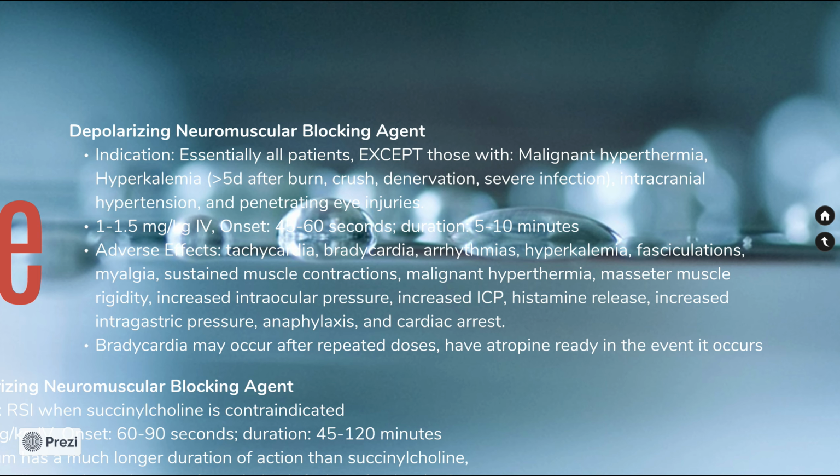depolarizing neuromuscular blocking agent. It is indicated for essentially all patients except for those with malignant hyperthermia or a history of malignant hyperthermia and or hyperkalemia, meaning those with massive cellular injuries or massive bodily injuries. So burns, more than 5 days after burns, crushing injuries, denervation, severe infections.